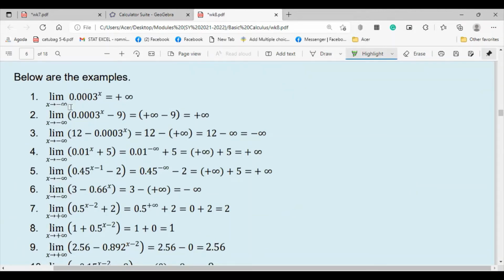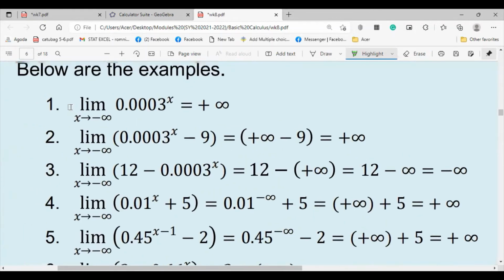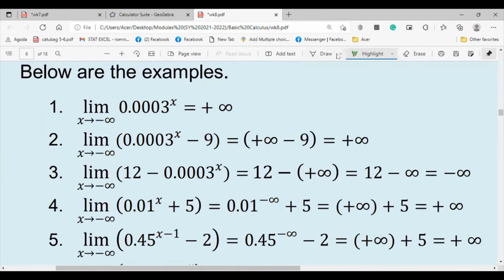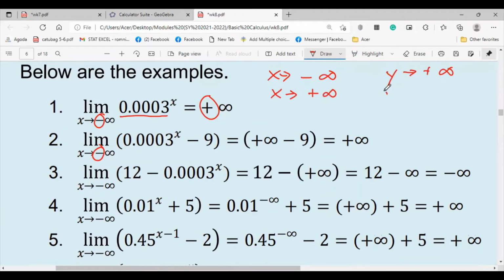X approaches negative infinity. Magbabaliktad yan. Dahil ang base mo ay less than 1 or greater than 0. Kung negative ito, positive ang gagawin. Tandaan nyo yan. Okay? When x approaches negative infinity, y increases. Kapag ang x ay nag-increase infinitely, y gets closer to that constant c.